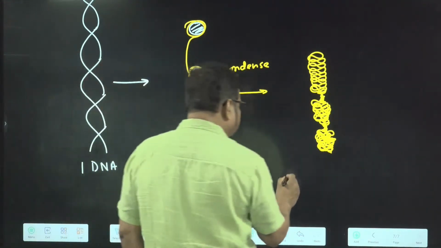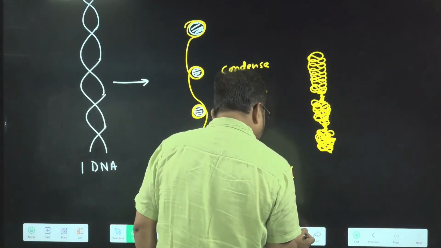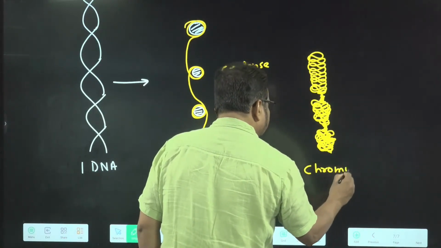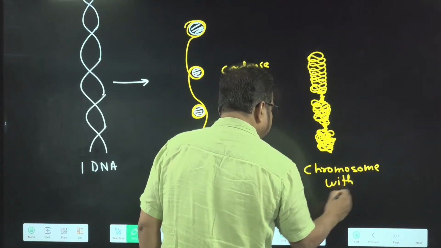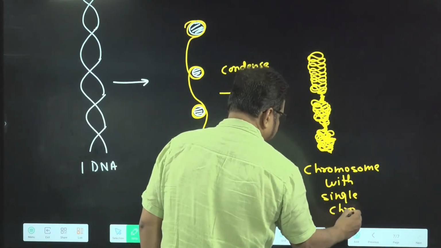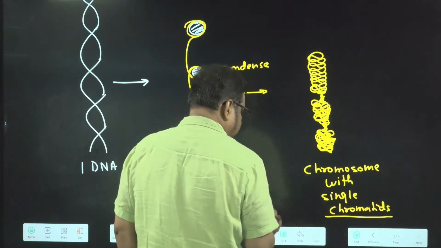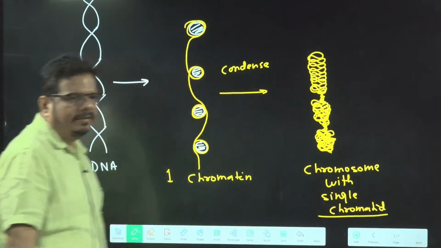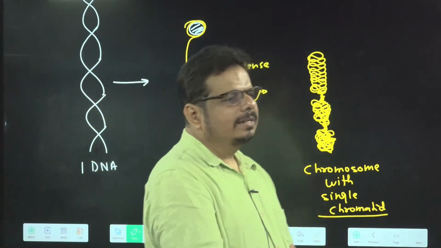And this is called what? One chromosome. Or better to say, people get confused, it is called a chromosome with single chromatin. You got the idea? You can say it is a chromosome, and you can also say it is a chromatid.